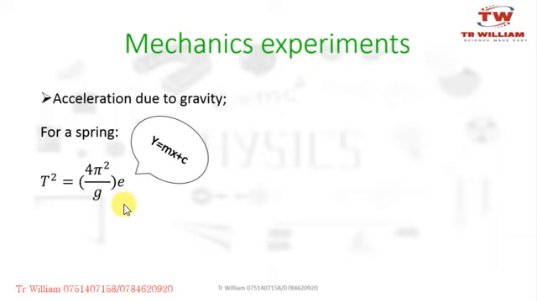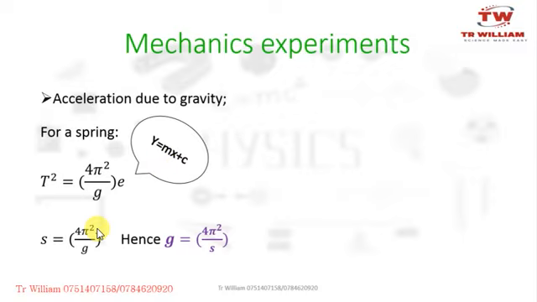Then the main question should always be, how are you going to get what you're looking for? In this case, you're looking for acceleration due to gravity. But we see from the theory and our equation that acceleration due to gravity is appearing with this whole term, which is in the position of the slope. So we conclude that if we plot our graph of T squared against extension, our slope will be 4 pi squared over g, because this is what is in the position of the slope or gradient.